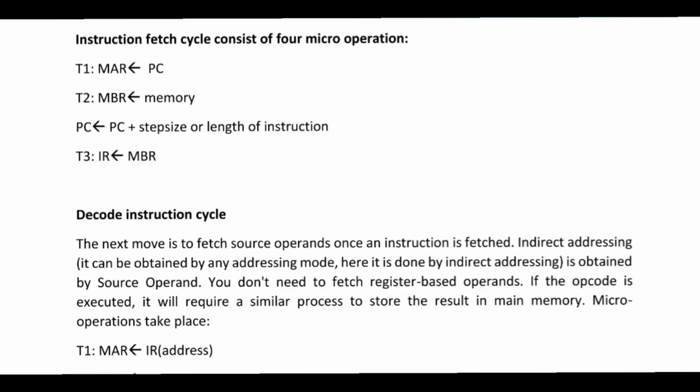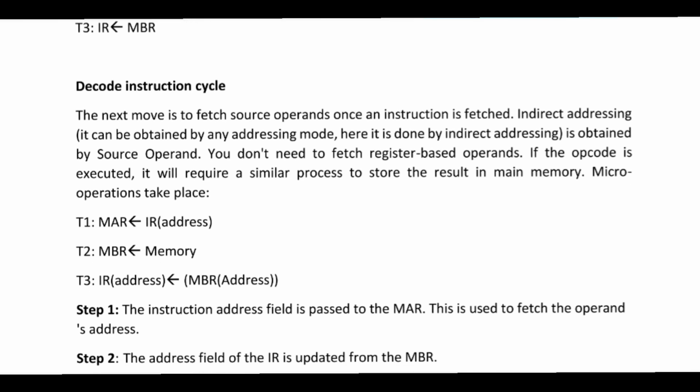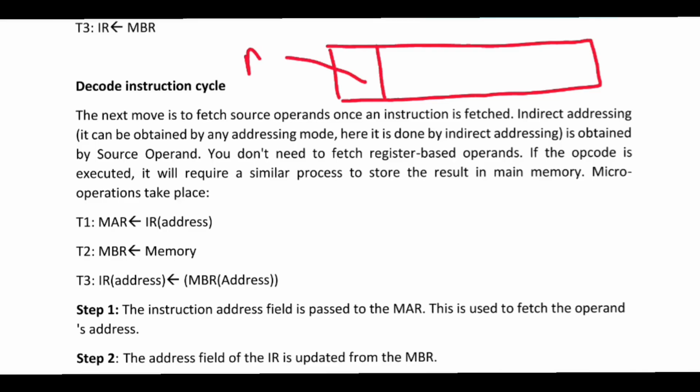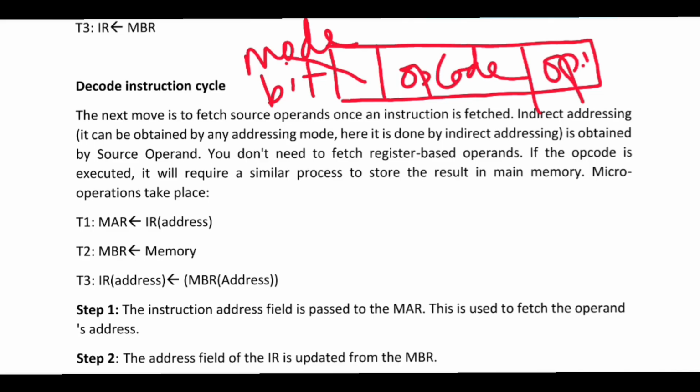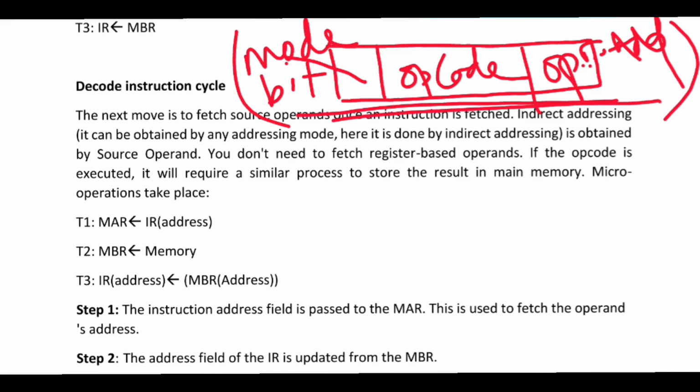Okay, let's discuss direct addressing mode. In direct addressing mode, the instruction format is like this: mode bit, then opcode, then operand address. Okay, operand address, it is direct addressing. In direct addressing, our control unit will decode this instruction. Then the operand address is given.